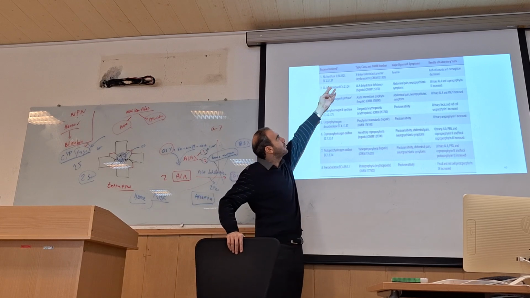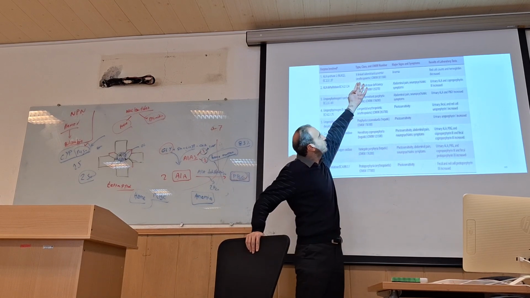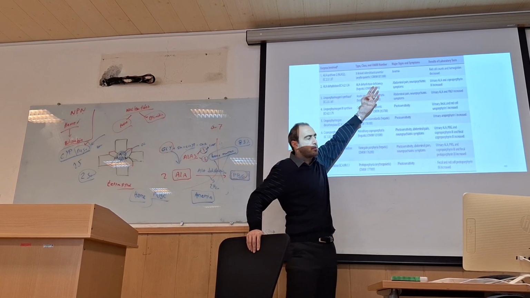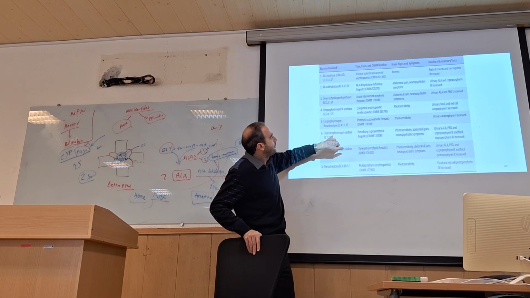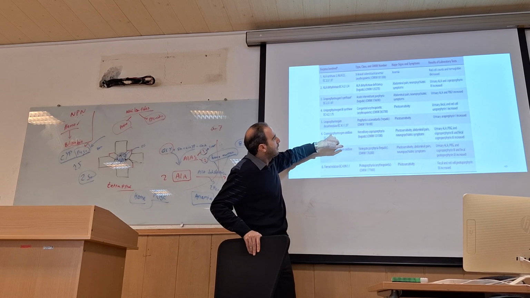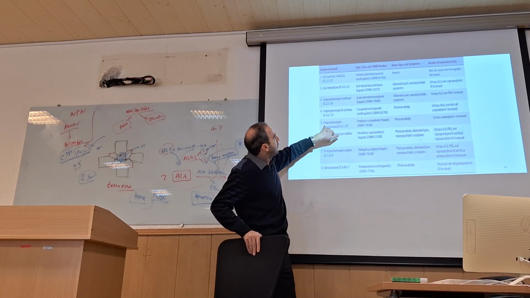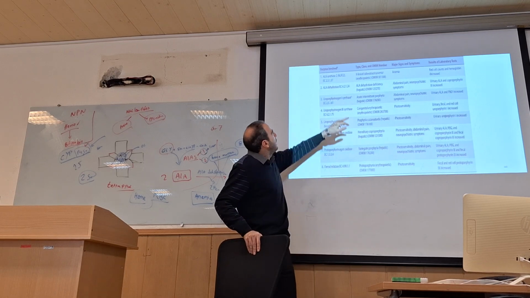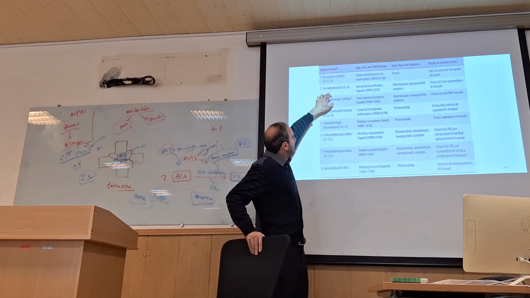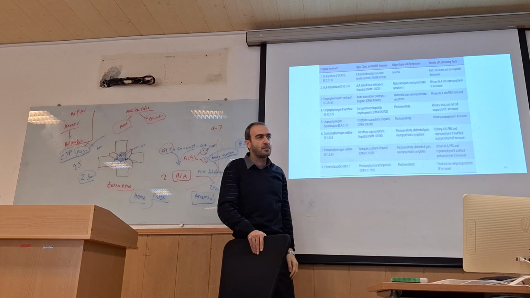Among them, the first one, ALA synthase, which leads to anemia, is important for us. Then uroporphyrinogen decarboxylase leads to cutanea tarda, and lead poisoning affects ALA dehydratase and ferrochelatase.